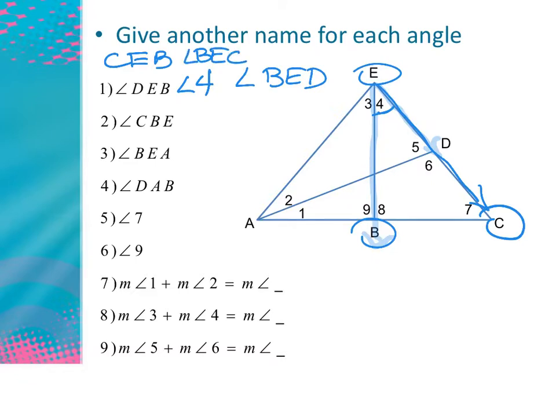And you'll put the little angle symbol in front. So these are 5 different ways to write that first angle. Now notice all of the ones that have the 3 letters, they all have the letter E in the middle. You need to have that vertex point in the middle of the 3 letters.